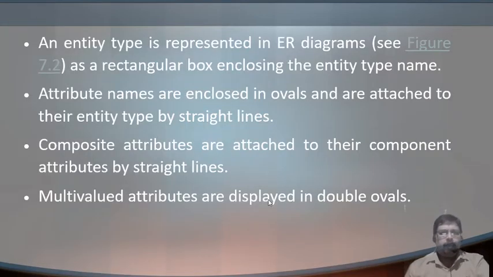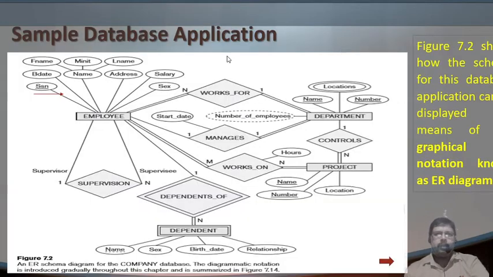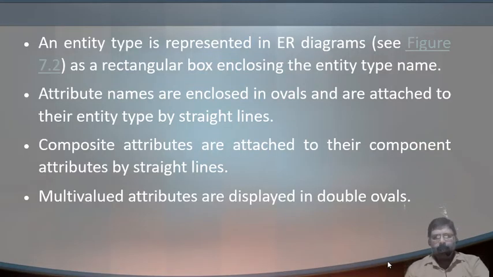Similarly, composite attributes are attached to their component attributes. Here fname, minit, lname are component attributes, connected to name, which is the composite attribute.